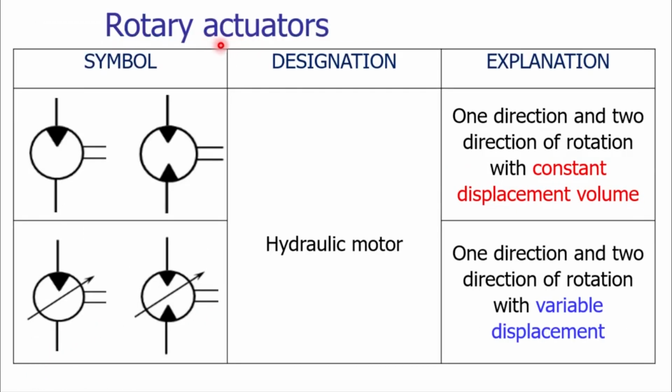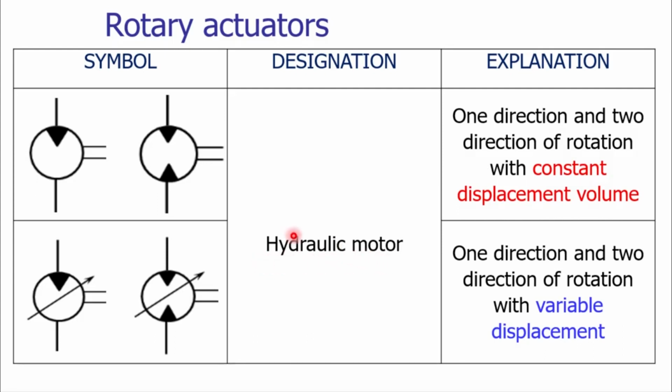We can use the representation for the actuators as well, and the hydraulic motor is a rotary actuator. The hydraulic motor works on the principle that we use hydraulic energy, and that hydraulic energy is converted into rotational energy, and that rotational movement is utilized for our intended application.